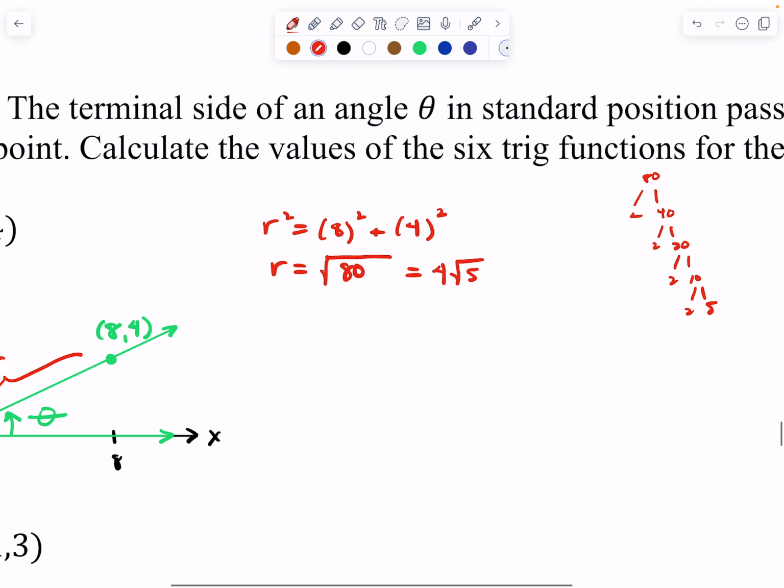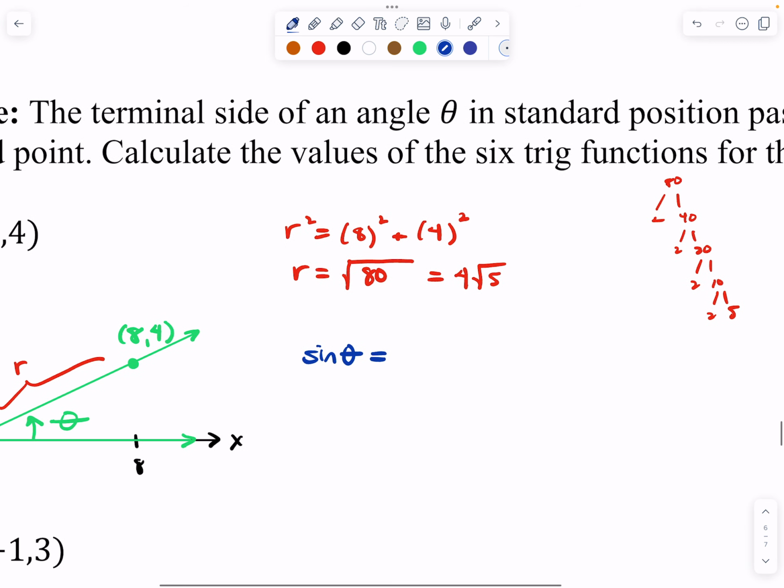Okay, so then referencing what those ratios are, we could say that sine of theta, and we don't have to determine what the angle theta is. You actually don't know how to do that yet. But sine of theta would be the ratio y over r, so that would be 4 over 4 root 5, which would simplify to be 1 over root 5.